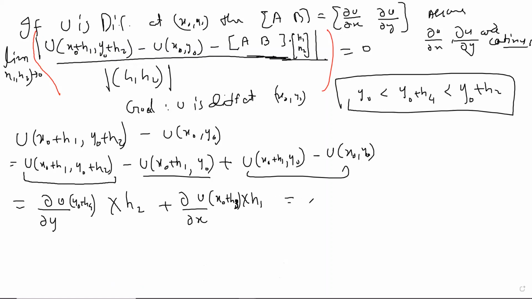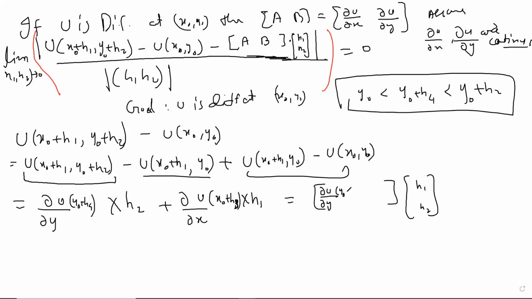Now you see, this is exactly what we needed. This h1 h2 is our vector, and this is our phi. I mean, this is just a function of h4, in fact, right?